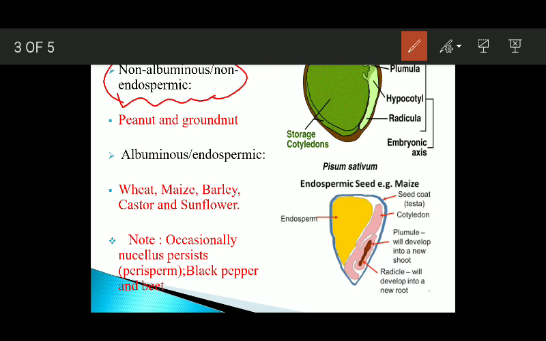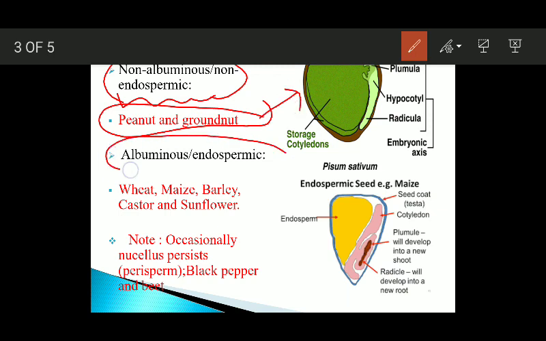And the best example that you can remember here is peanut and groundnut. Okay, so non-endospermic seeds or non-albuminous seeds are those seeds in which all the endosperm is utilized, is consumed by the developing embryo. Okay, and there is no endosperm left.